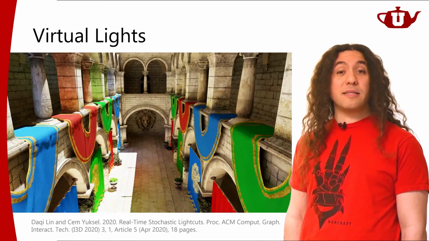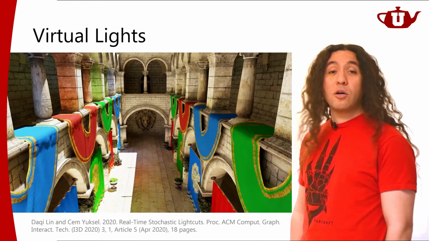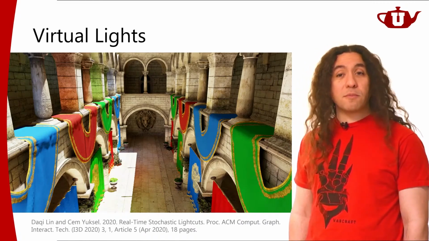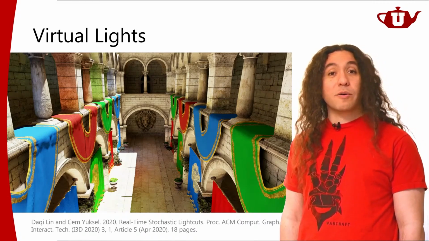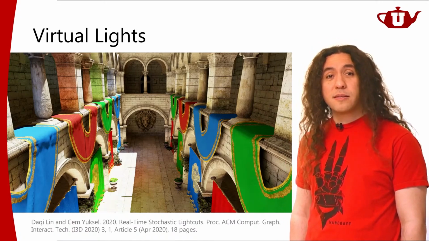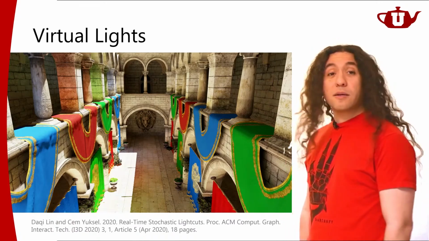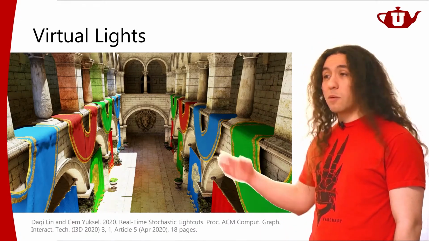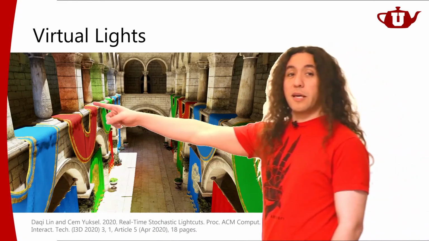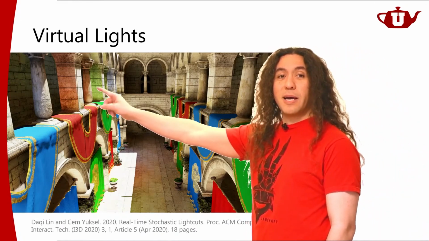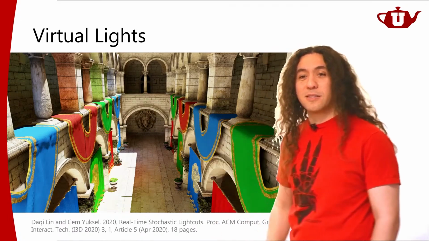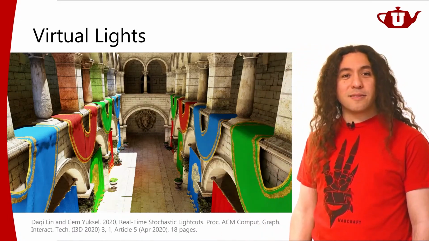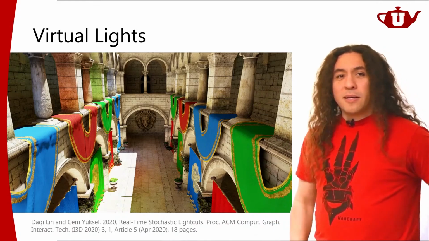If you don't use any denoising, this is also going to look quite noisy because it's also using some random or stochastic processes. But with some denoising, we can get real-time global illumination with some color bleeding here. As you can see, this part is looking all red and this part is looking all greenish, and nice color bleeding.